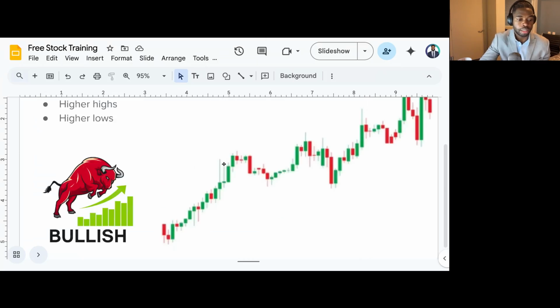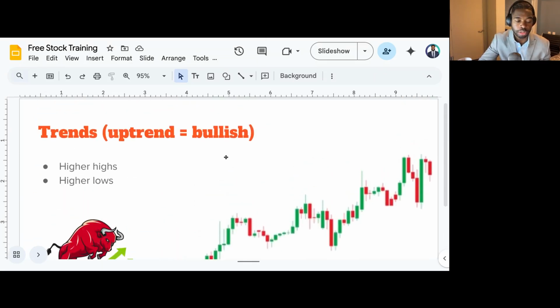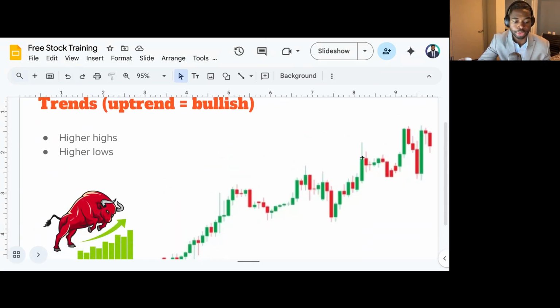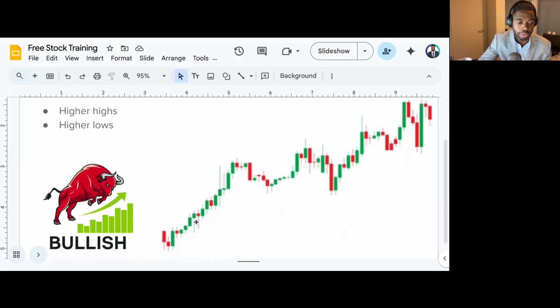All right, and then there's trends. There's an uptrend, which is bullish. That's just price action moving up from left to right on a chart. It's a collection of candles, and the majority of those candles, or the biggest moves, are going to be green, which is driving this pattern upward.